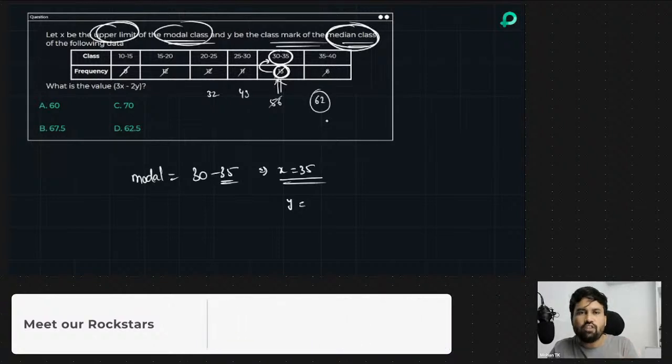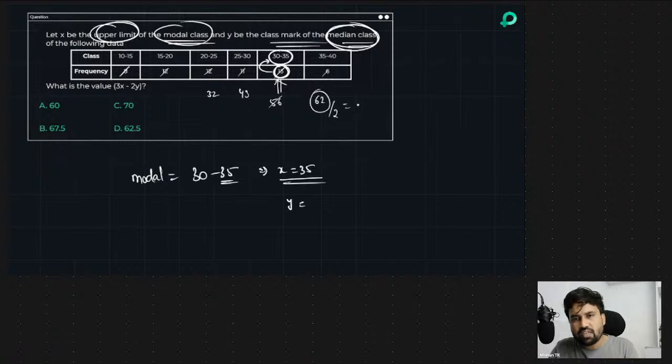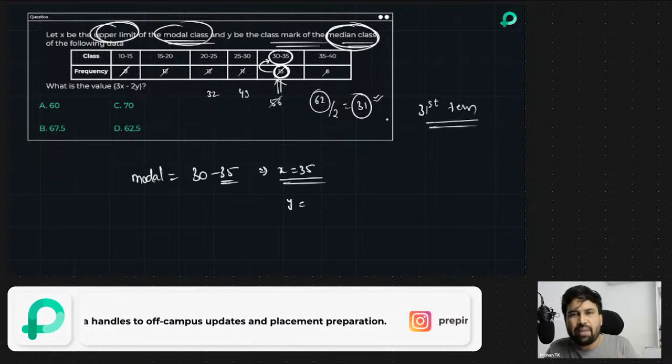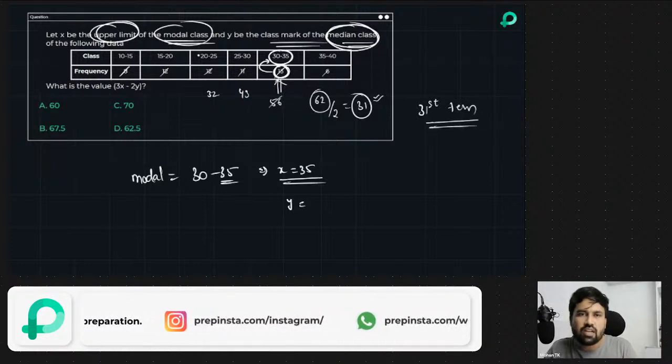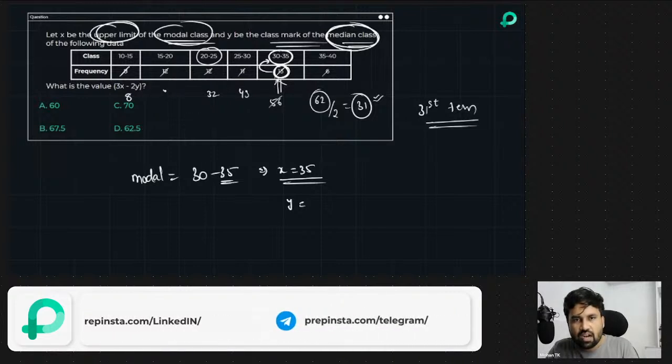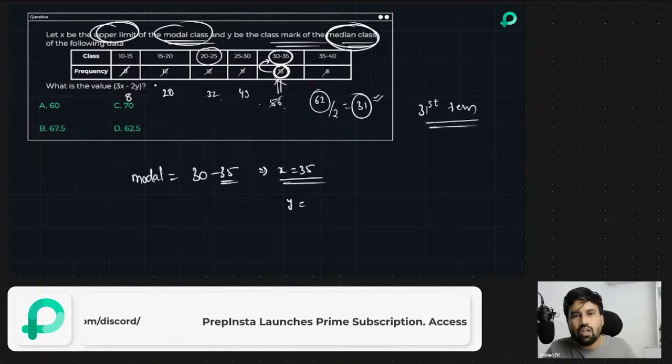After finding the total frequency, you divide by 2, which is equal to 31. So the 31st element is the median. Where is the corresponding class? Just look here: 8, 20, 32, 43, 56, 62. This is called the cumulative frequency.